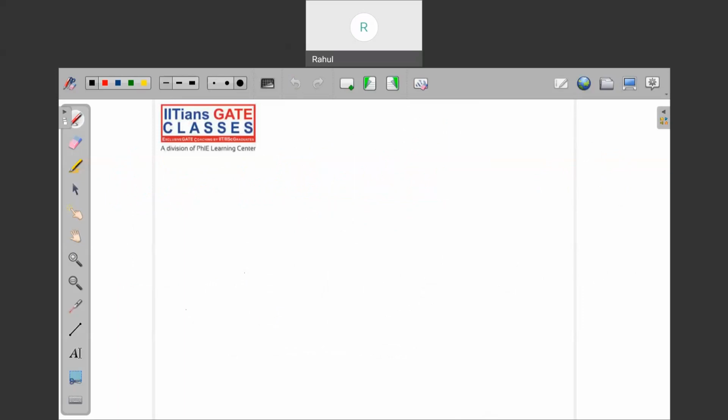So the definition of curl in Cartesian: curl of A is written with the help of a matrix. Actually, you can find the curl with the help of a matrix.